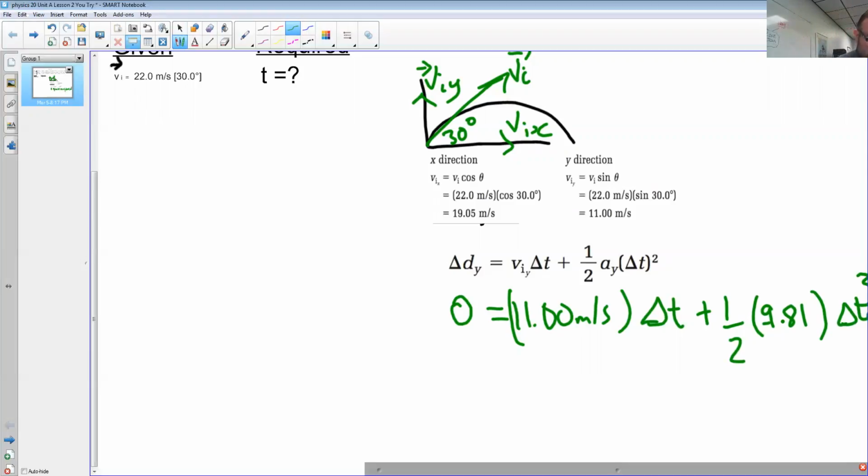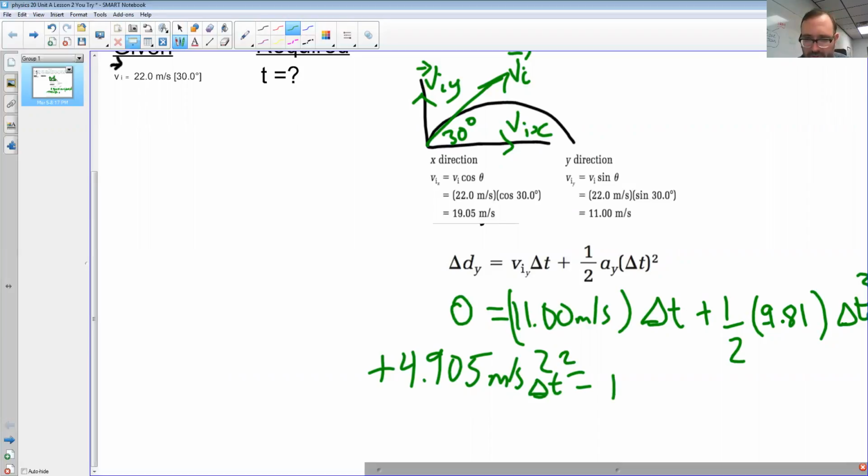Okay, so from here, we have to isolate t and solve. The easiest thing to do is take the value 1/2 times negative 9.81 and move it over to make it positive. So 4.905 meters per second squared times change in time squared equals 11.00 meters per second times change in time.